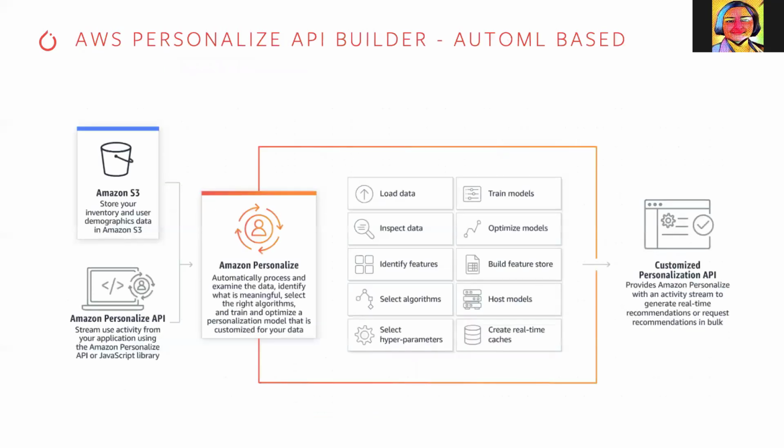So let's hone into a couple of these. Here is an example of AWS Personalize, which is based on AutoML. In this case, the domain experts upload their data and tune a few parameters. For example, they identify the features, select the algorithms, and select the hyperparameters, based on which a custom model and an API is generated.